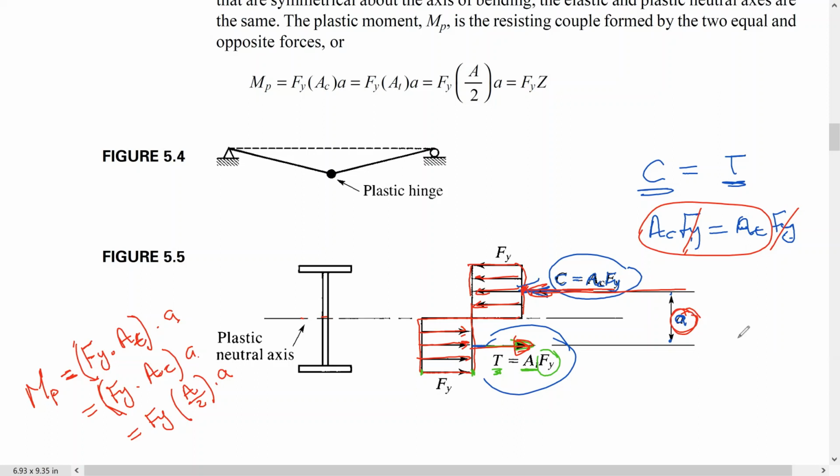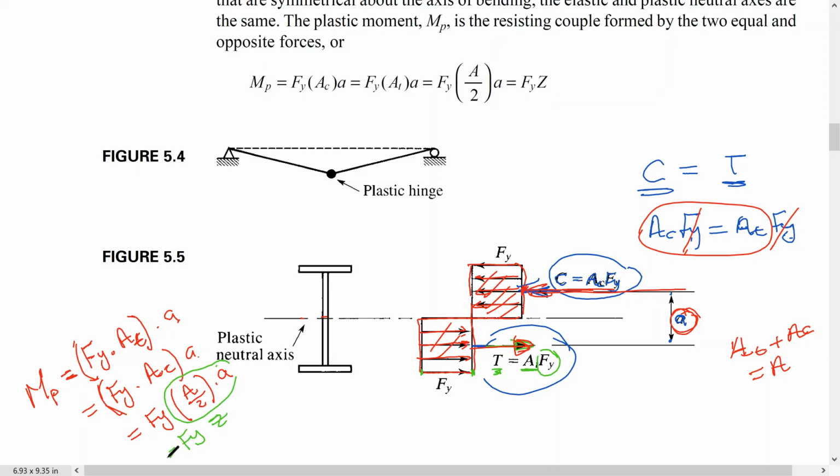And here we see AT and AC are equal to A over 2. And as I told you, this plastic neutral axis divides this area into two equal areas. So in this way, guys, we're going to call this Z. So this is going to be FyZ.